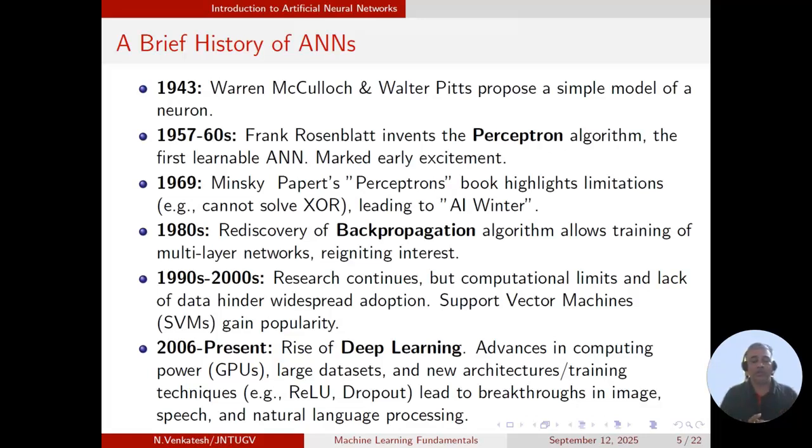From 2006 onwards, advancements in many-core and multi-core systems, where graphics processing units can be used for general purpose computing, led to new interest, and with large datasets thanks to digitization, and new architectures and new training techniques, there were many breakthroughs in image, speech and natural language processing tasks.